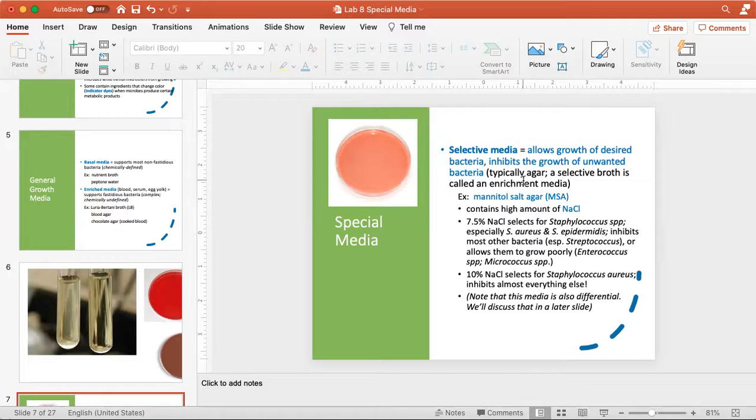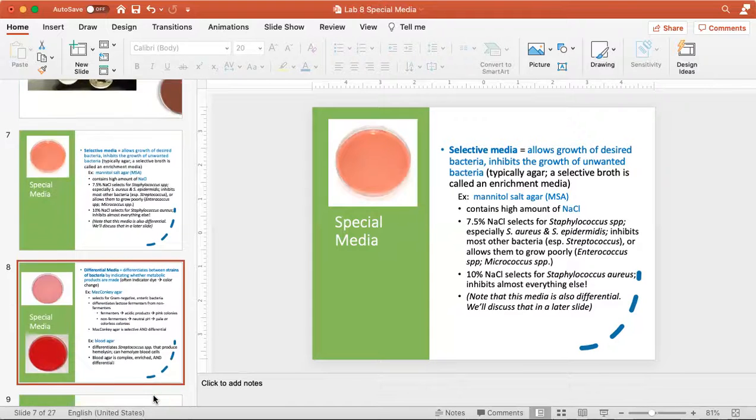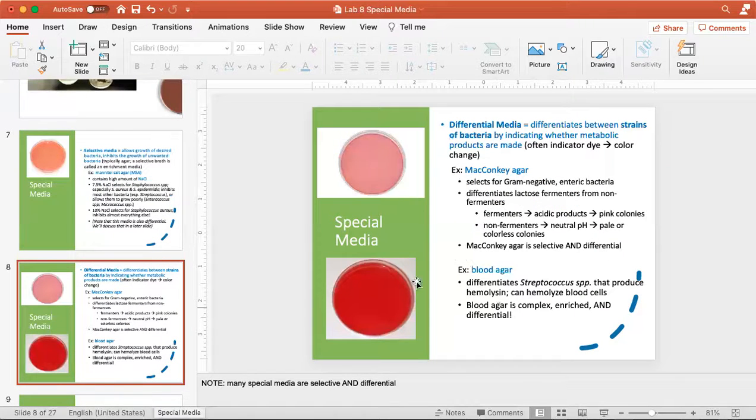And then differential, which is really going to help us differentiate, hence the name, certain strains. So it turns out that mannitol salt agar is both selective and differential. We'll talk about that in just a couple minutes.